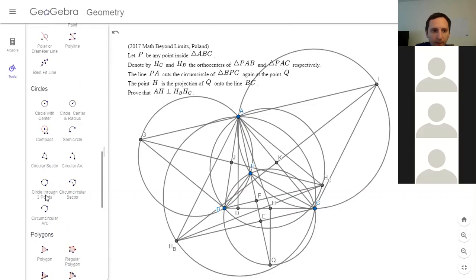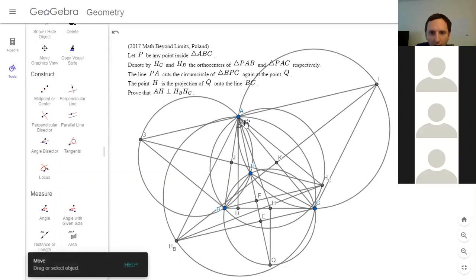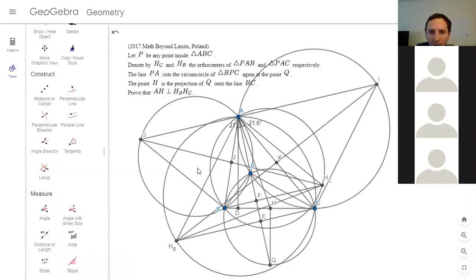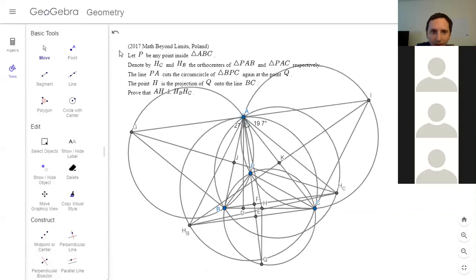Let me check if we have isogonal lines. I don't think so, but it would be very cool if we did. No, 21 and 21.6. Yeah.